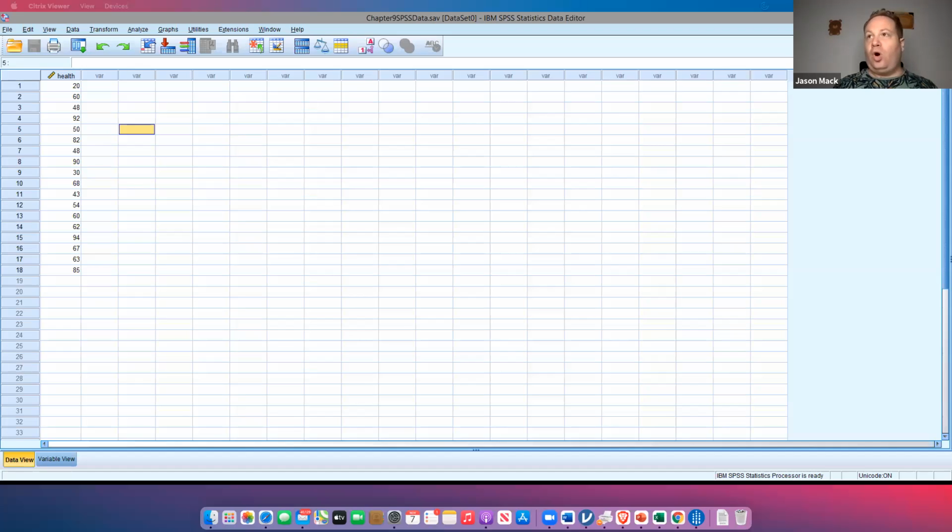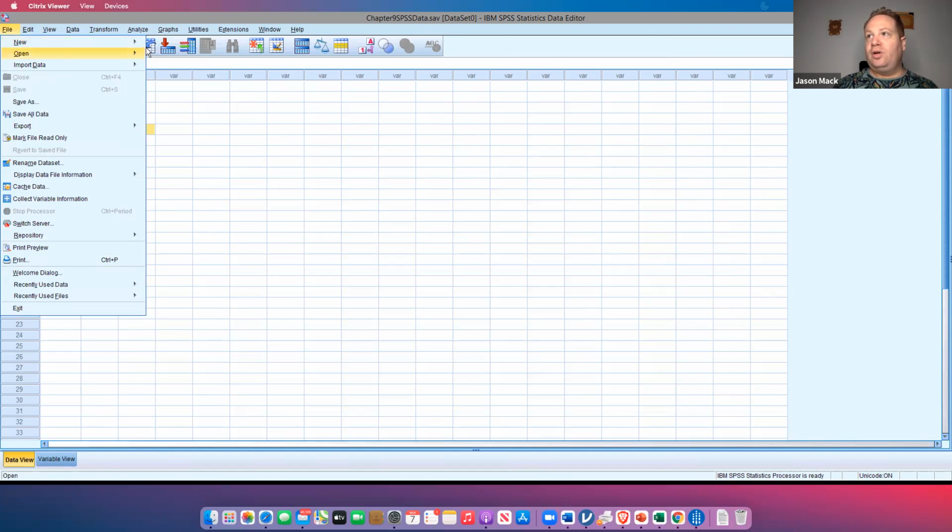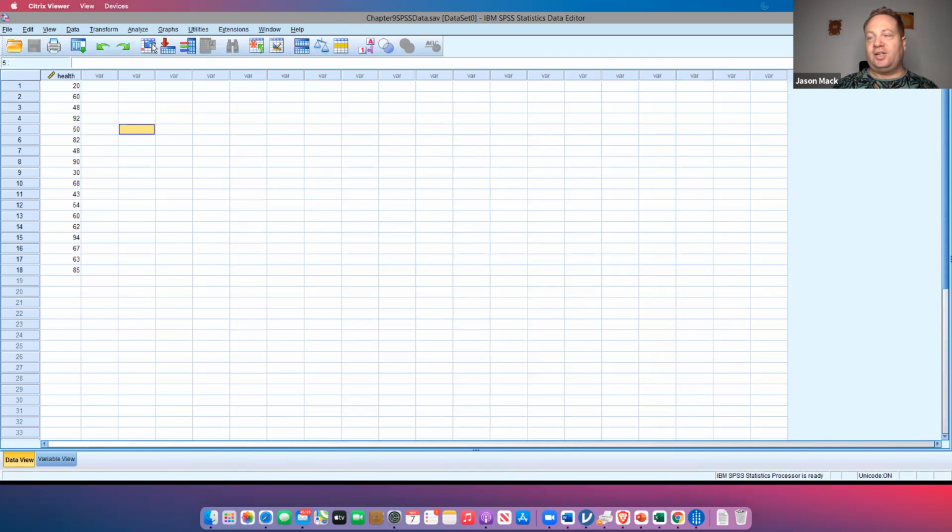First of all, we're going to want to have a brand new SPSS file. So if you're doing this in one sitting, click on File right here, and then New, and you just want a new data file, just like that. Then we move this over here so you guys can actually see it.